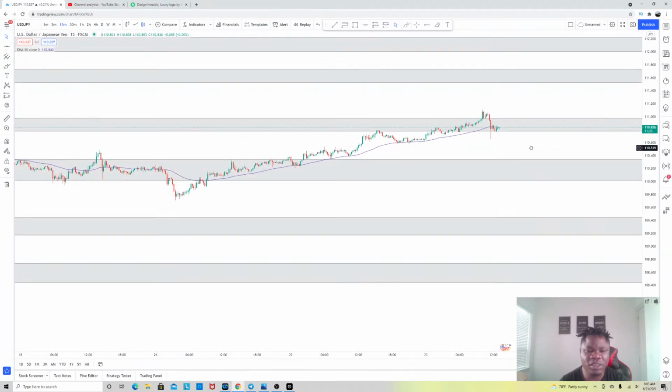But if you want to get in on the lower time frame, once we have a break, wait for a retest, and then you can sell this up onto this zone here. You're welcome, Kieran.